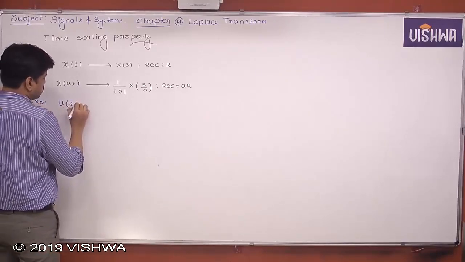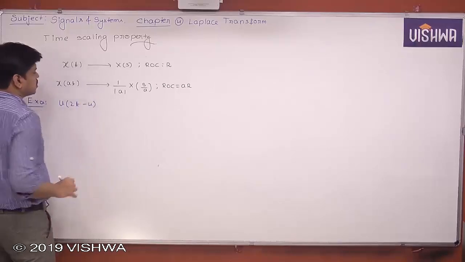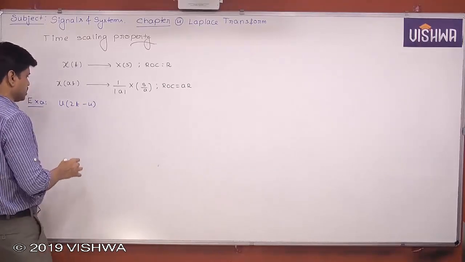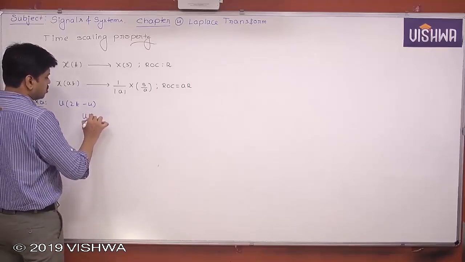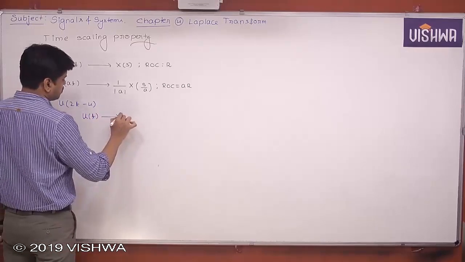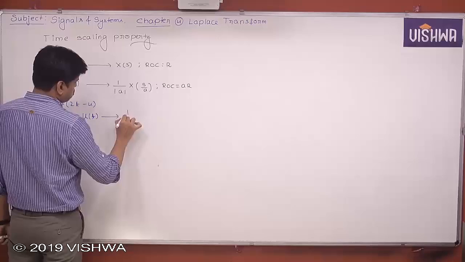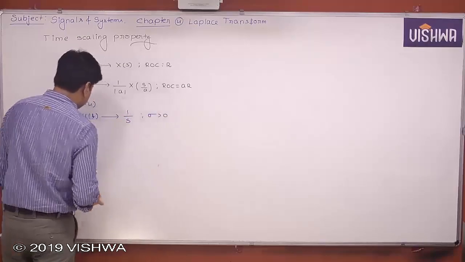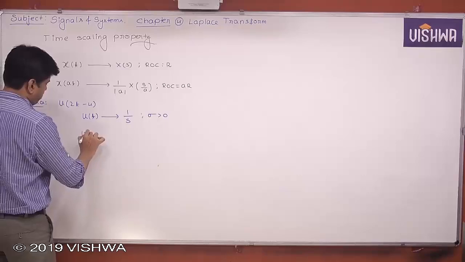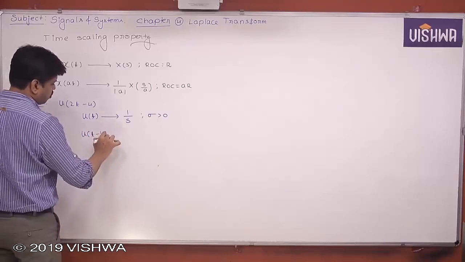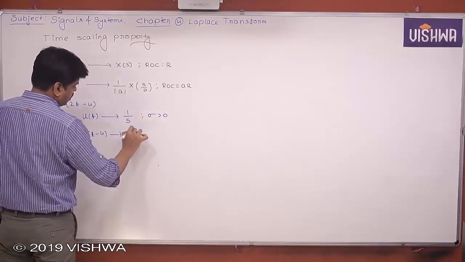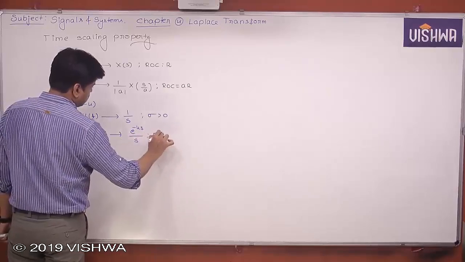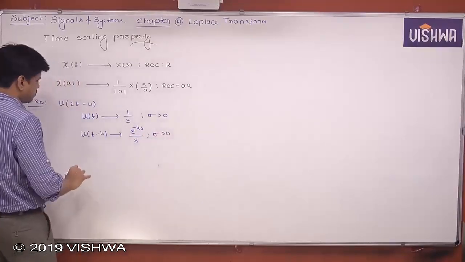U of 2t minus 4. For this, I want to see what the Laplace transform is. First, we know u of t gives 1 by s, sigma greater than 0. U of t minus 4 gives e power minus 4s by s, still sigma greater than 0.